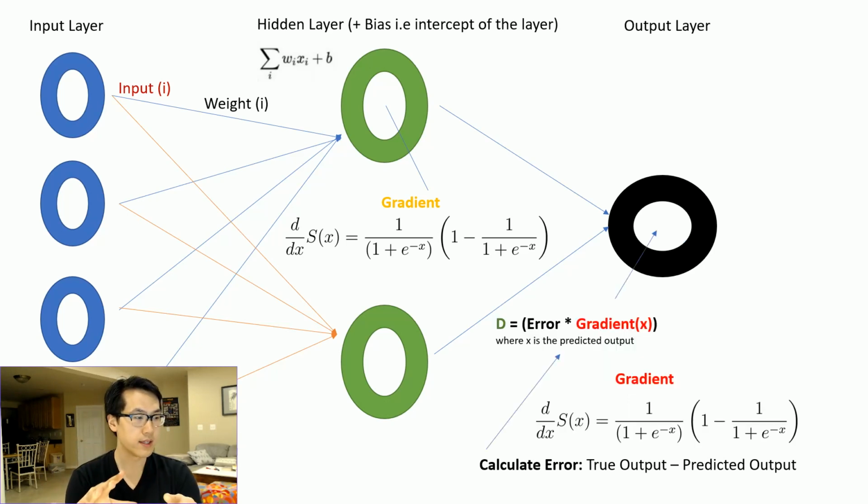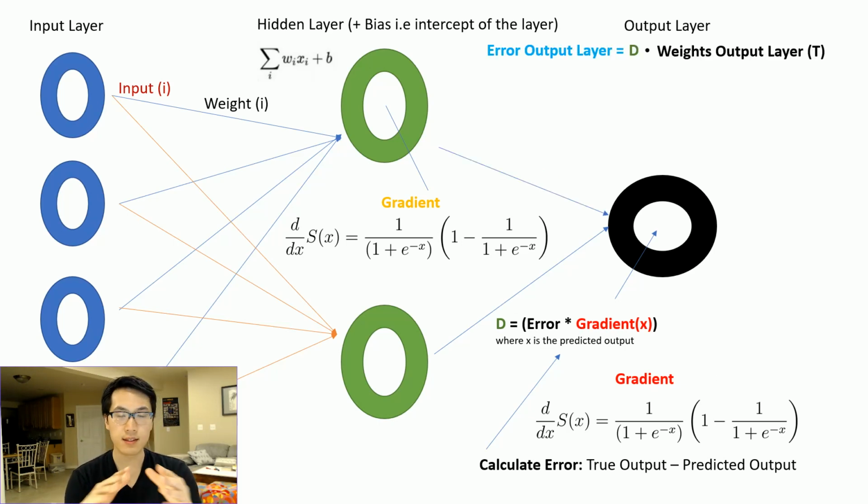So utilizing the recurrent approach, we calculate the error, and we can denote it as d. We multiply the error by the gradient of x, where x is the predicted output. We pass the value of our output into the gradient function, and that is going to be our d value.